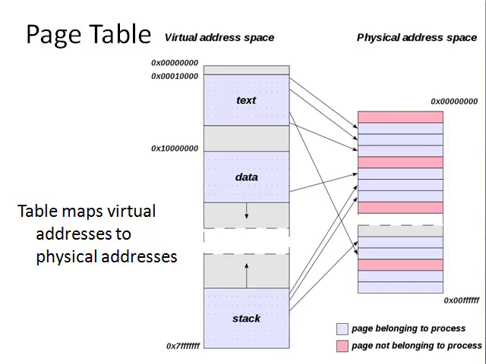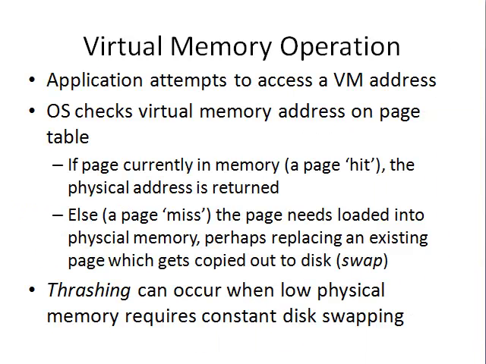Pages can be swapped to the disk if they're used infrequently or if the physical memory is full. And not all pages of the virtual address space are actually in the physical memory in the above diagram. So, for example, an application might want to access some of its own data, and it will have a virtual memory address to access. The operating system will intercept the call to access that data, and it will check that virtual memory address on the page table.